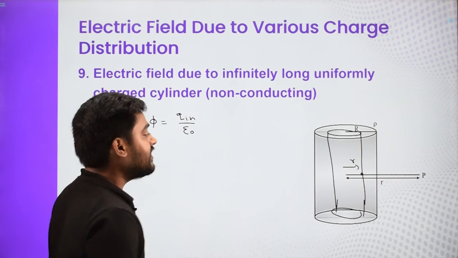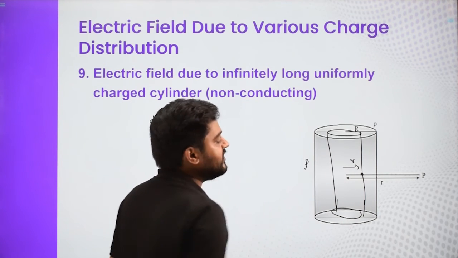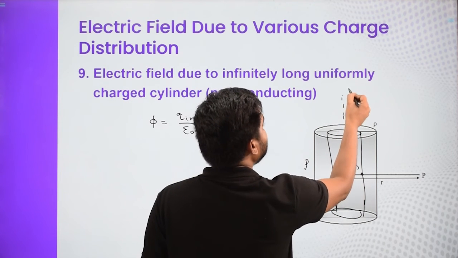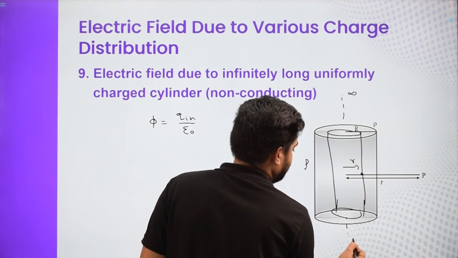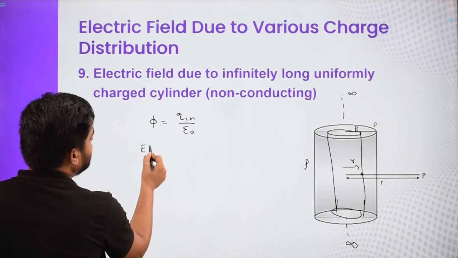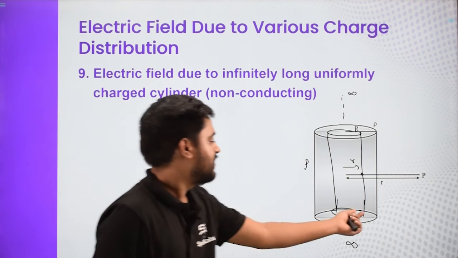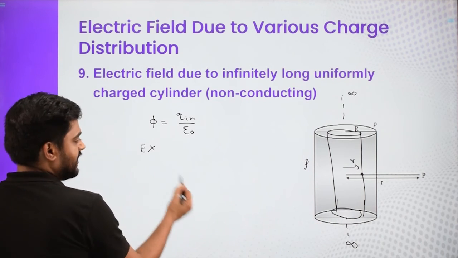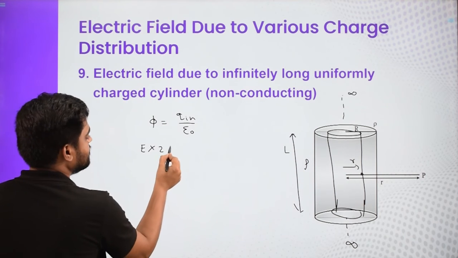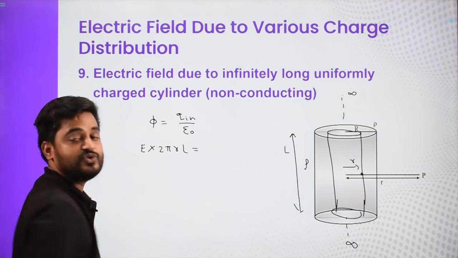Here the volume charge density is rho, like charge per unit volume is my rho, and the cylinder extends all the way up to infinity in both directions. So now flux is nothing but E into the area, and the area is 2 pi r L, assuming that this length is L, is equal to the charge inside.